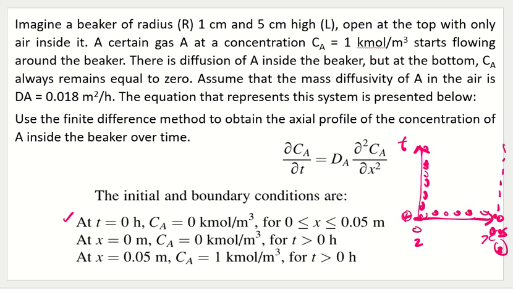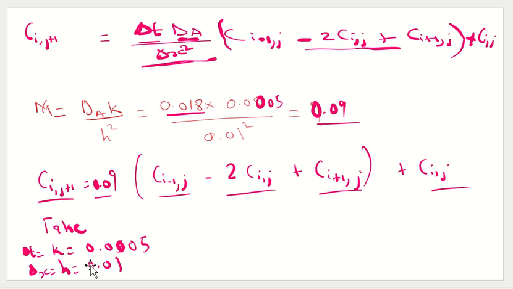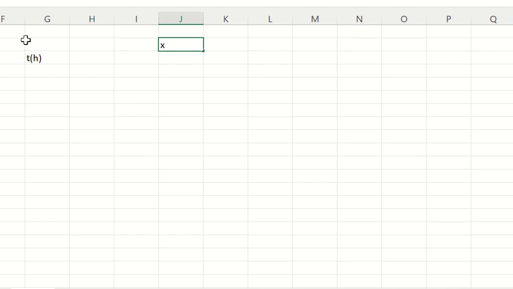And we have taken the step size along the x direction to be 0.01, and the step along the time direction is 0.0005 hour. So we make it small. Let's put it like this.